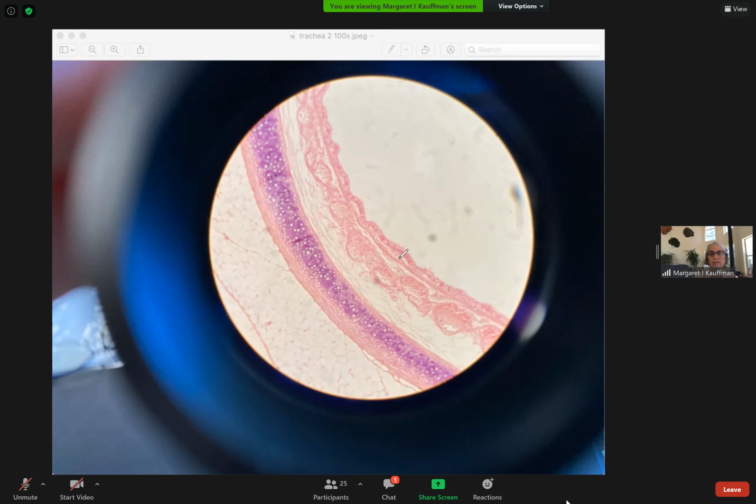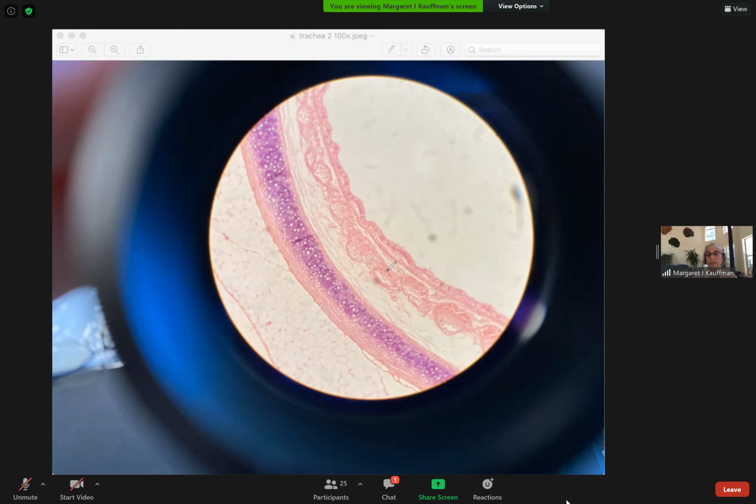These big things that are all through here, these are all blood vessels. So over the weekend, I did post a slide which shows the tracheal glands. If you see glands in here, they're going to be in this submucosal layer, which is always fibrous connective tissue, but it can have embedded in it other types of tissues, and glands are made of simple cuboidal, like all glands are made. So in 103A, you probably learned that all glands are made of simple cuboidal epithelia.